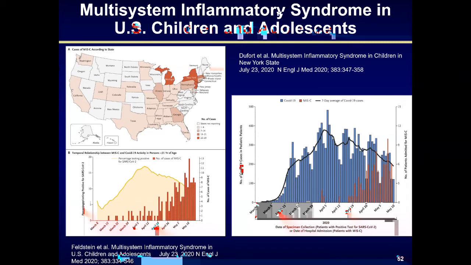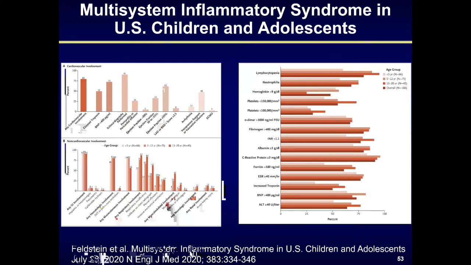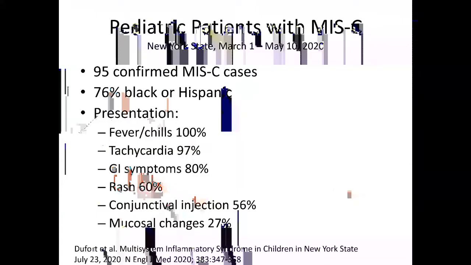The slide on the right shows another series that was published by the New York State Health Department of patients that presented in New York State with MIS-C. These are some of the features that were seen in these series. And you see lots of organ system involvement, lots of abnormalities in the labs in these patients. And so these are some of the criteria that are found repeatedly.